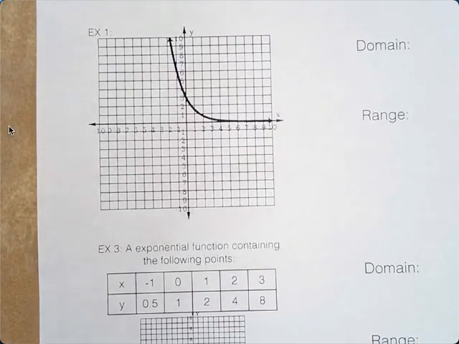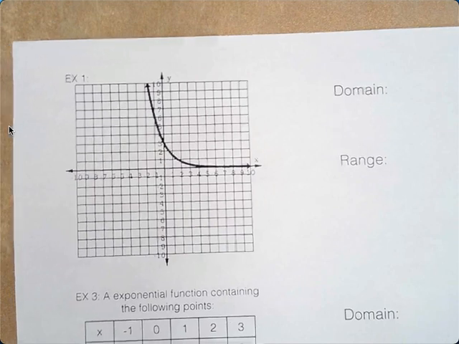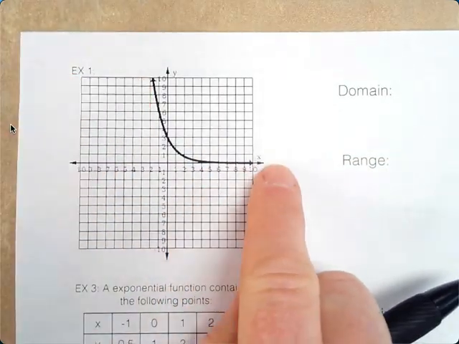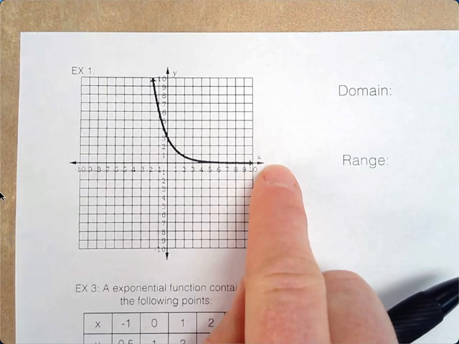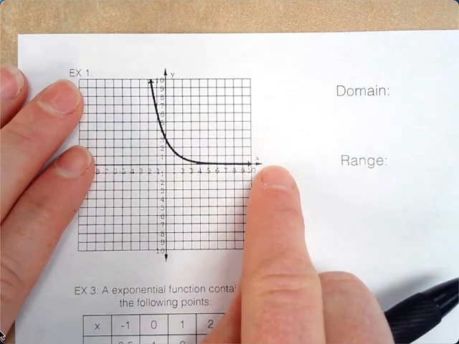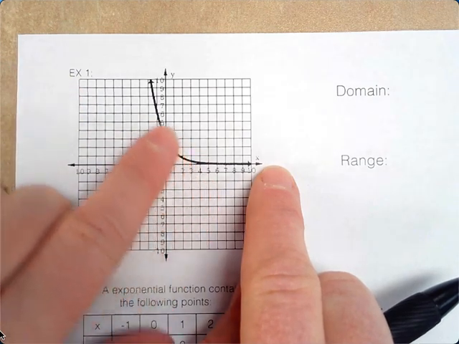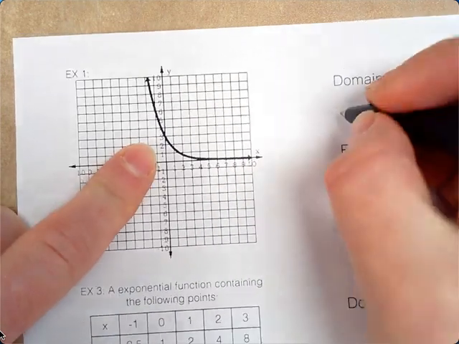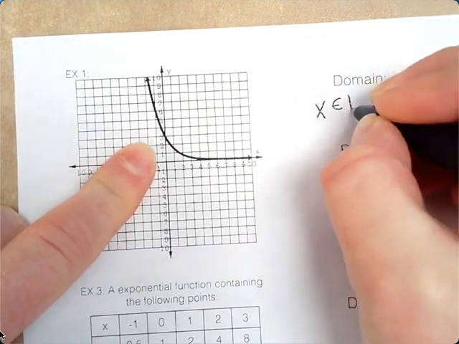So remember, domain is all the possible x values. If we look at this, see how we have the arrows on the end, so it continues on and on. So domain is our x values. Since it continues on and on, there'll be no break in the data. So x is all real numbers.